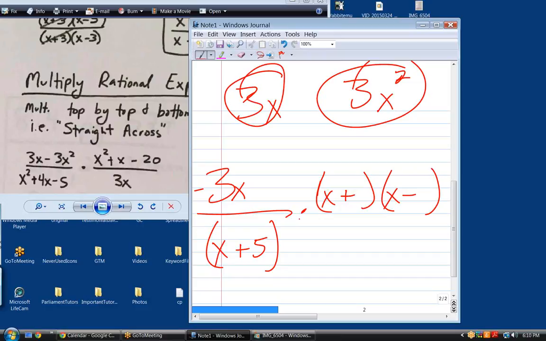Factors of 20 that do what? That add to 1. Based on this sign right here, if that's a plus, then they need to add to this coefficient. If that's a minus, then they need to subtract to that coefficient. So what are the two proper factors?